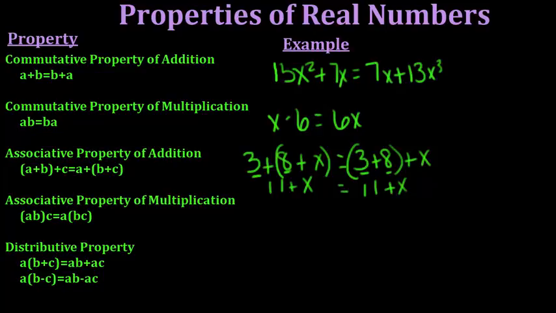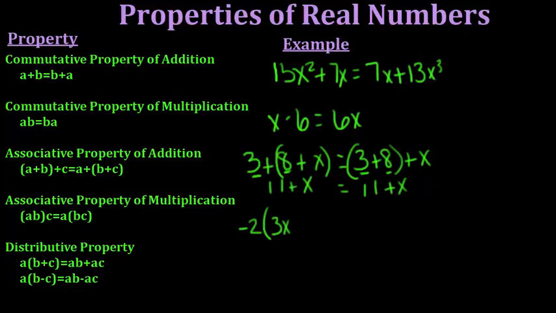The associative property of multiplication is saying A times B in parentheses times C is equal to A times B times C in parentheses. Let's use the example of negative 2, 3, and x. So we'll say negative 2, and then 3 and x will be in parentheses.